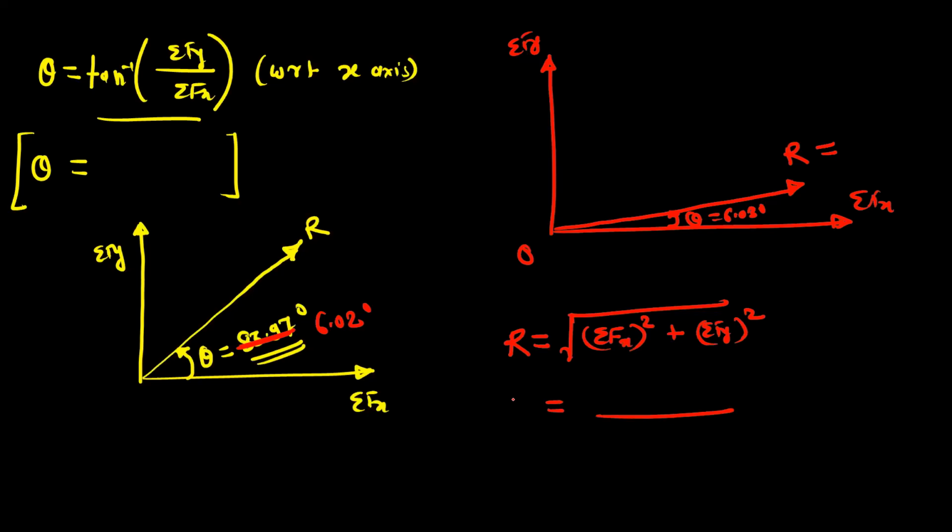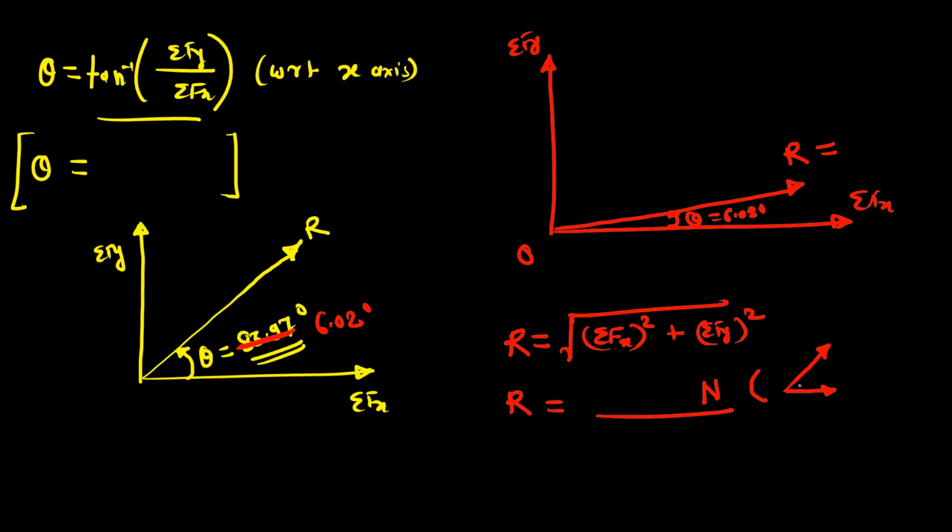So get this value R. This will be in Newton, as all the forces are in Newton. And in the bracket, you will show the direction like this. This arrow is nothing but the x-axis. This is the force vector.